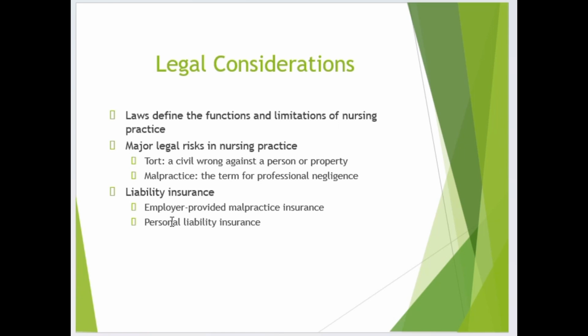And that's personal liability insurance, right? Now that is something the nurse would pay for on her own, right? Whereas the other one, the employer-provided malpractice insurance, the employer's providing it, even though they're providing it for you in case you do something. It doesn't always cover you all the way.